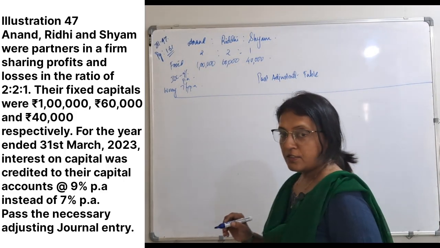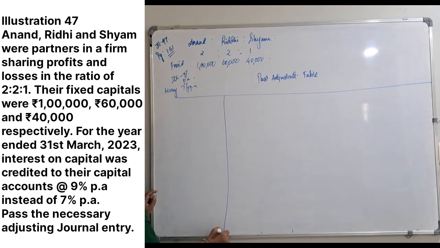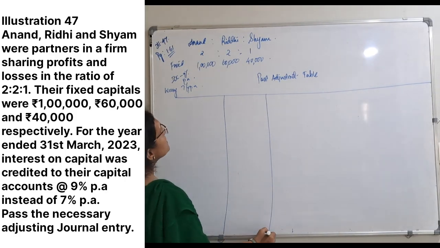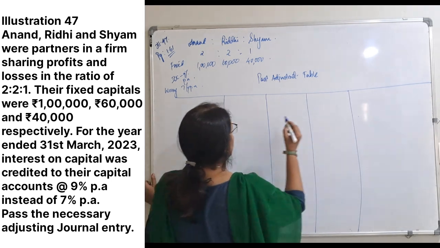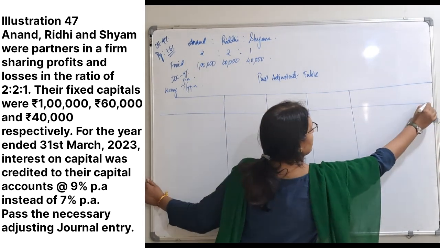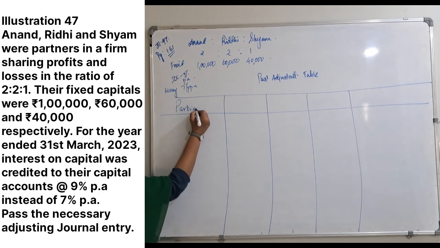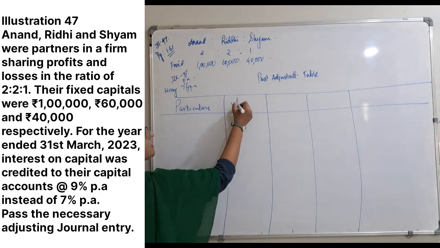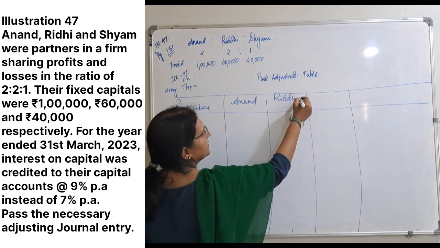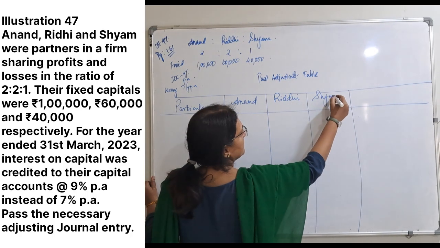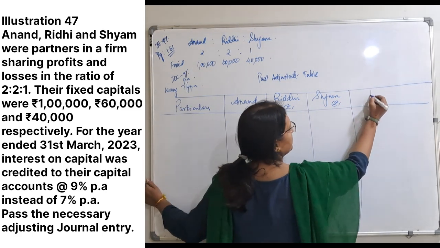Three partners are there, so 3 columns with total: Anand, Riddhi, Sham, and Total.